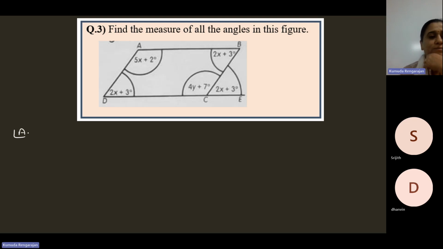What is angle A plus angle B plus angle C plus angle D equal to? Are you there, Srijit?